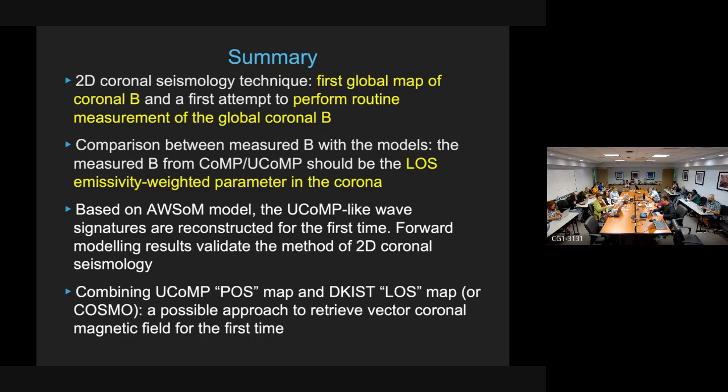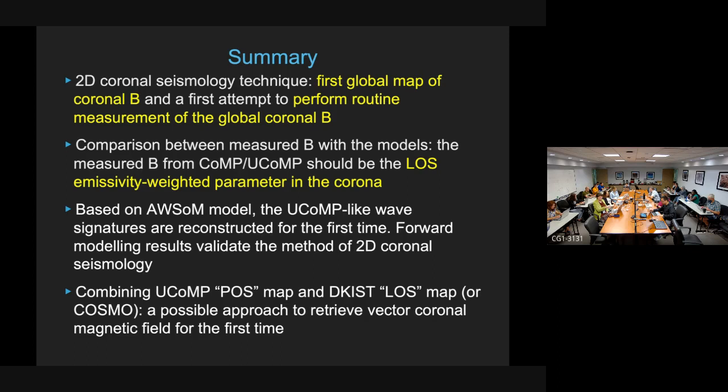I just have a question about the line of sight. What exactly does the quantity mean? I think this number B is somehow an average number through the line of sight.